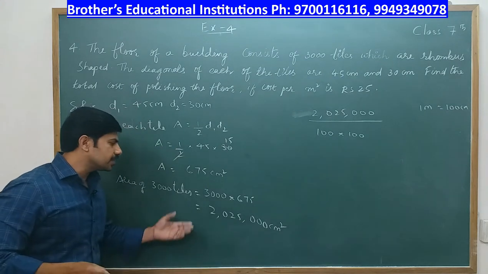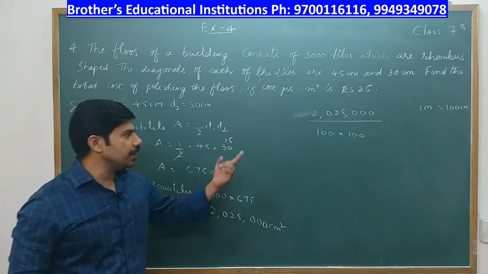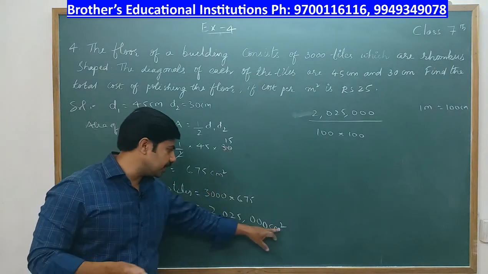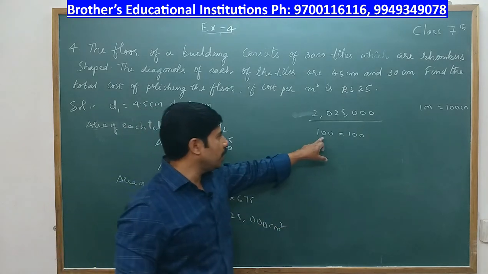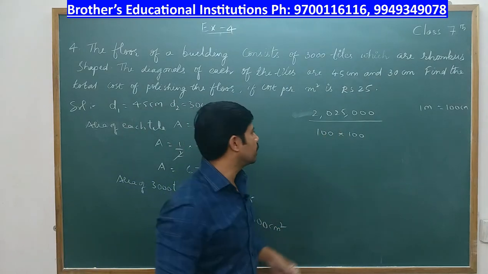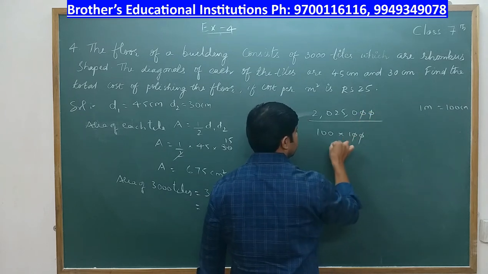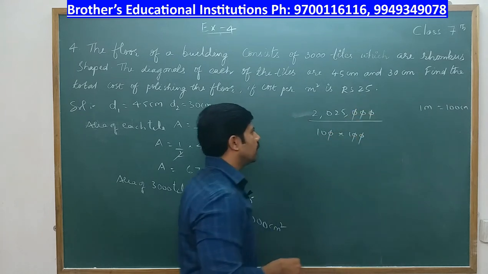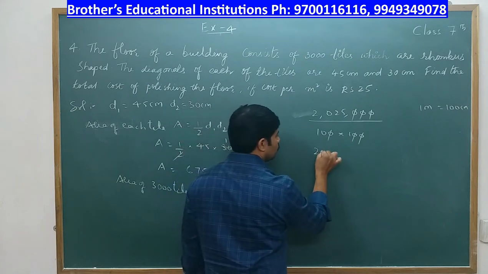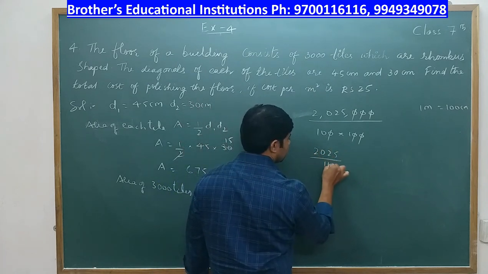As it is centimeter square, we need two 100s to convert into meter square. So the 0s cancel. Now we are left with 2025 by 10.